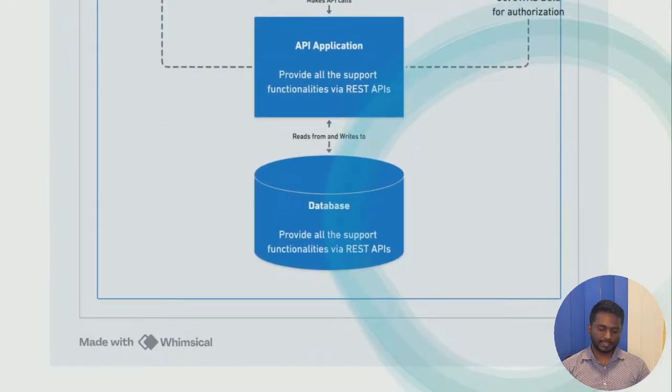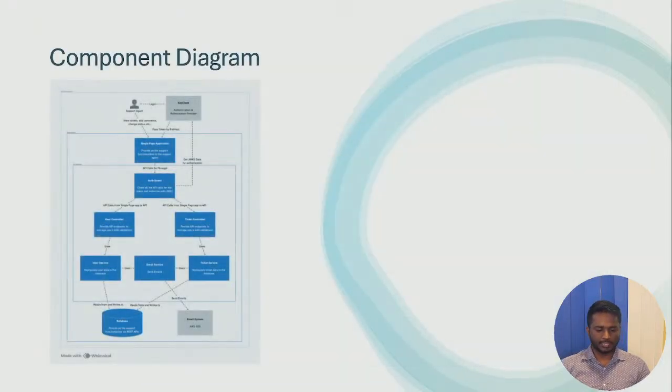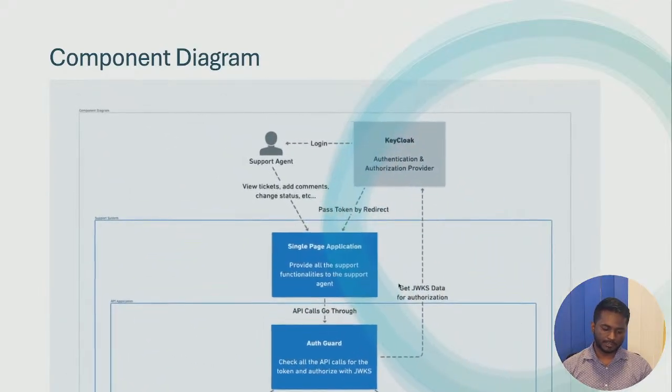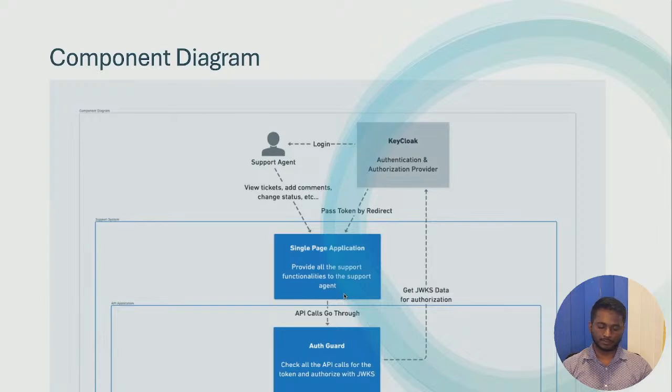In most cases, the database is not going to be zoomed into, because most probably we are going to use a service or something like that, and we don't need to dive into that. We are not going to make any changes to it. The things that we are going to change, we zoom into. So for this example, I will zoom into the API application because it has more components than the single page application.